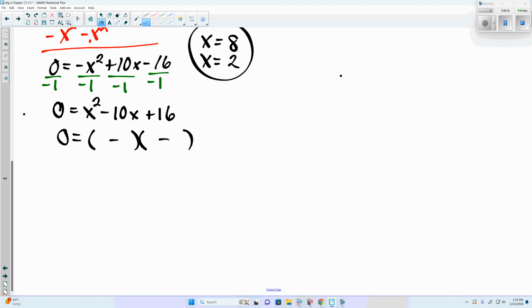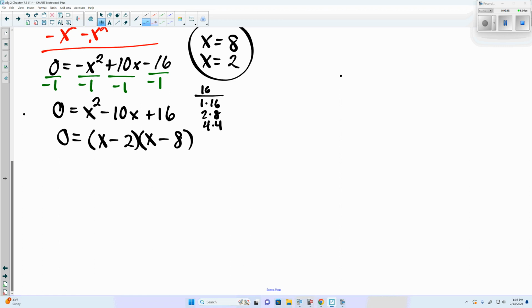And match sign of the middle term, so negative and negative. Factors of x squared are x and x. Factors of 16 are 1 and 16, 2 and 8, 4 and 4. Well, which one would we want? 2 and 8. Because we already found the solution. It is 2 and 8.